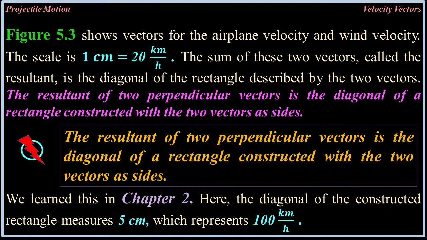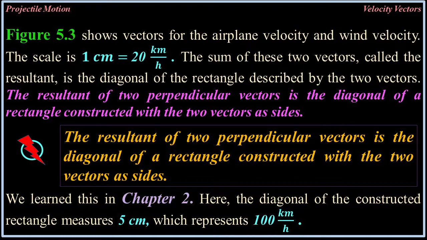The sum of these two vectors, called the resultant, is the diagonal of the rectangle described by the two vectors. The resultant of two perpendicular vectors is the diagonal of the rectangle constructed with the two vectors as sides. We learned this in Chapter 2.